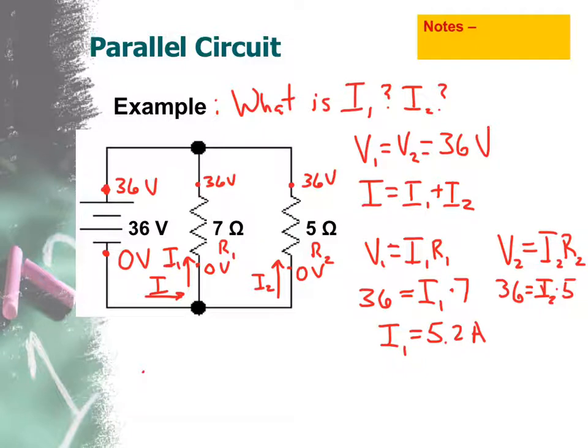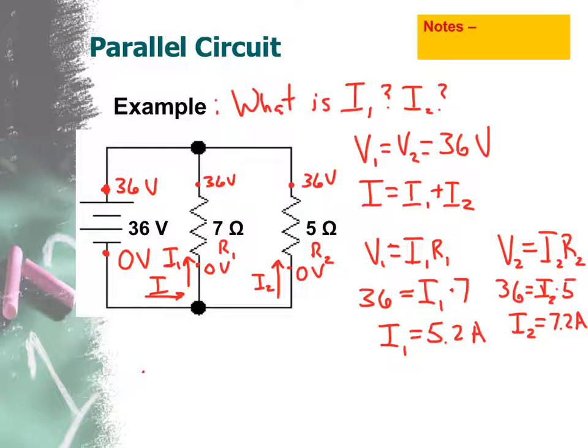When we solve for I2, we end up getting 7.2 amperes. So I have calculated the amount of current through each resistor.